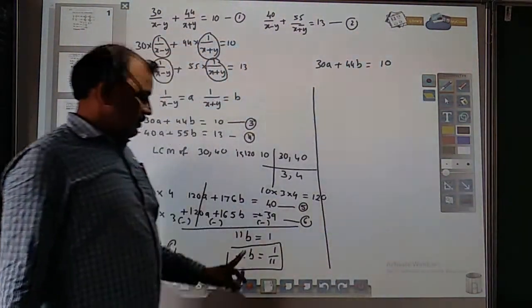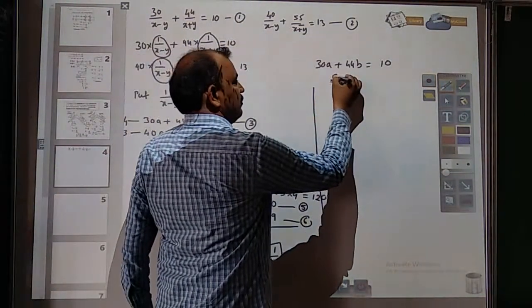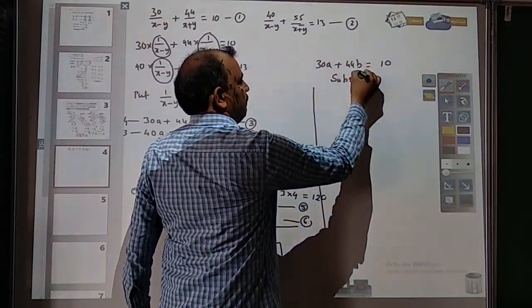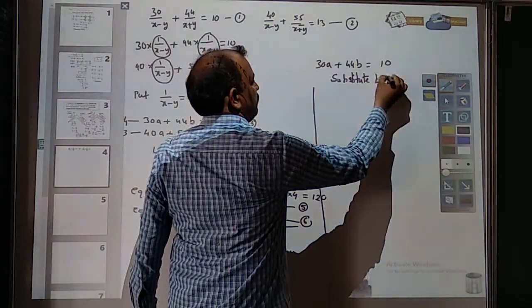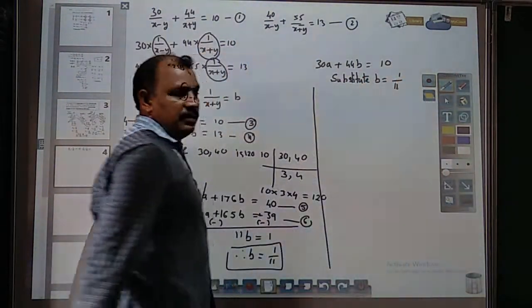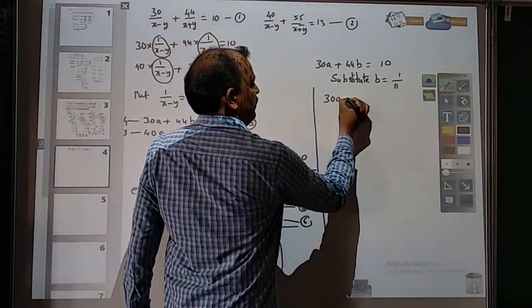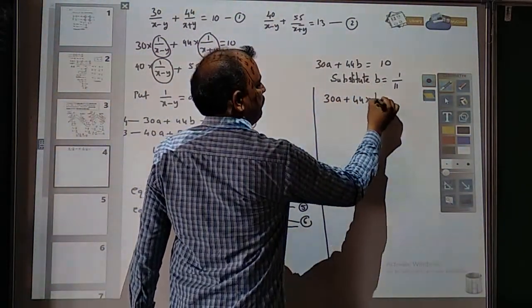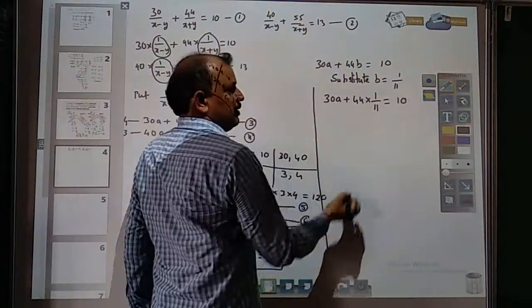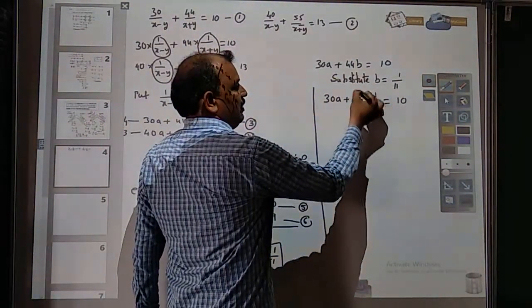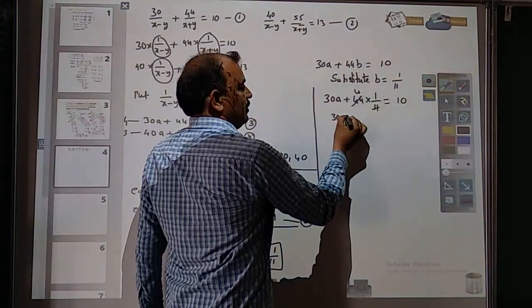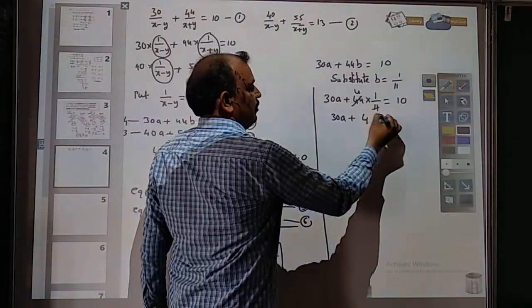So substitute B is equal to 1 by 11. Then you will get A value. 30A plus 44 into B, nothing but 1 by 11, that is equal to 10. In 44, 11 4s are 44. 30A plus 4 is equal to 10.